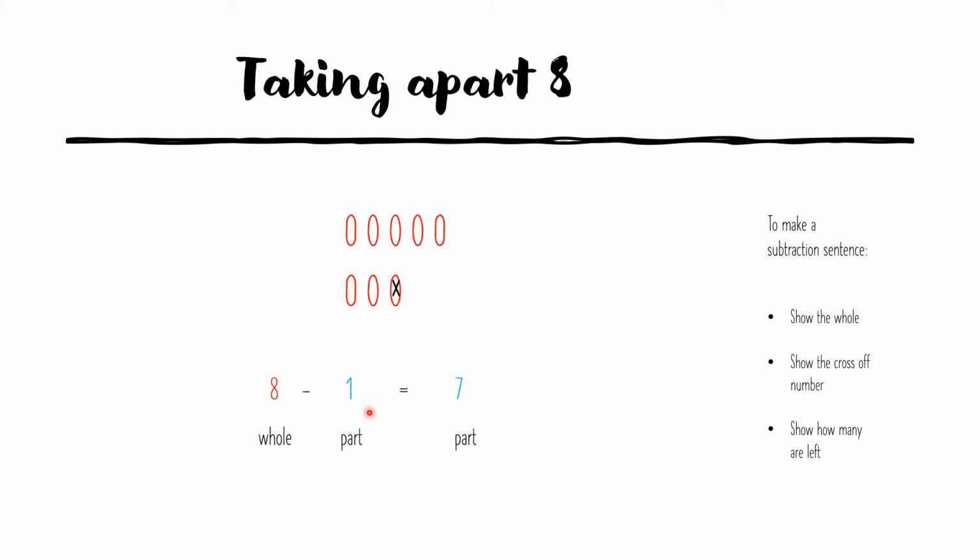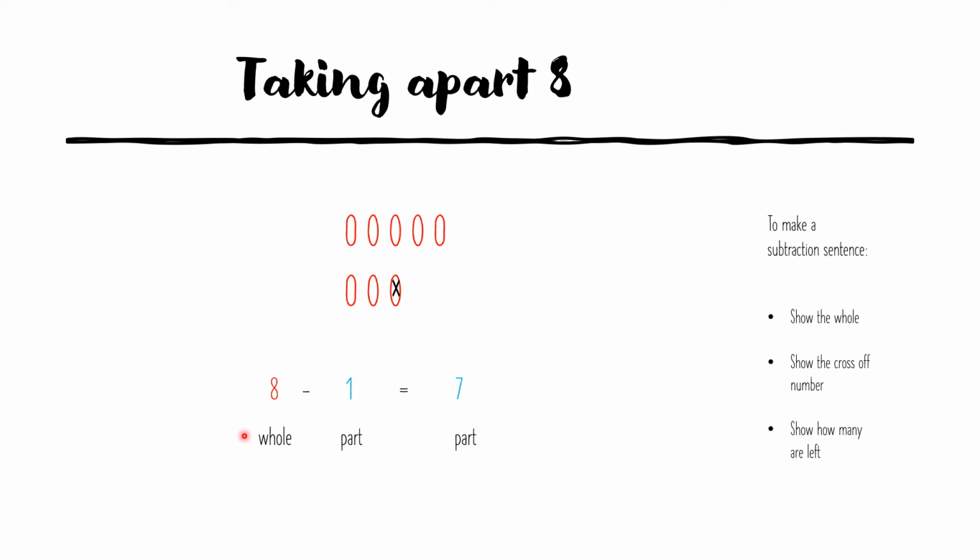After we show that in our equation, we want to put in an equal sign. And on the other side of the equal sign, we want to show how many circles are left. Kindergarten, how many circles were left after we took one circle away? That's right, 7 circles.